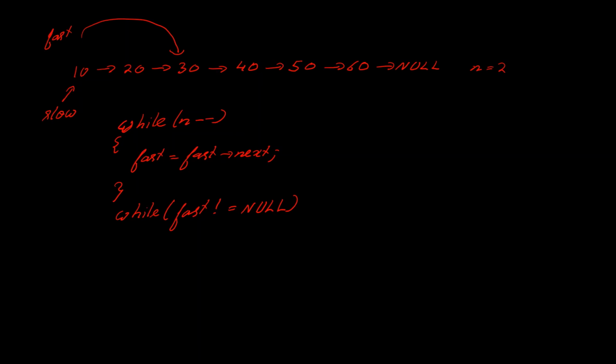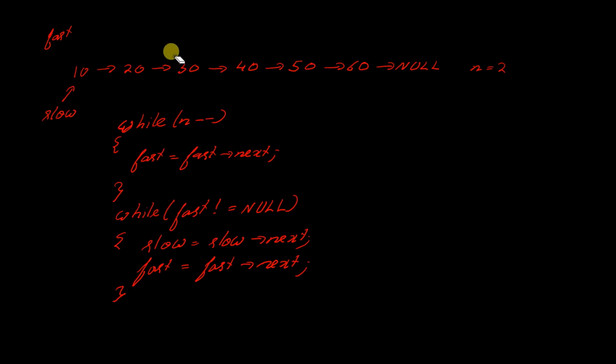So in this we will do slow equal to slow next and fast equal to fast next. So running this loop, the fast will point towards this and slow will point toward this.